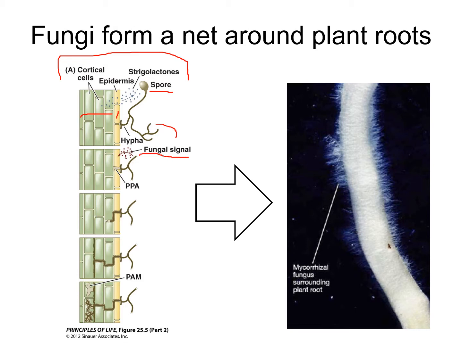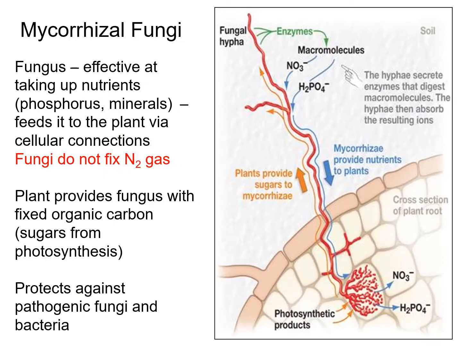This can involve a whole lot of chemical signaling, and then you can see the fungus growing in between the root cells and establishing little connections inside the root cells, which have a high surface area for exchange of those nutrients. And then that network is connected all the way out into the rest of the soil to take up nutrients and pass them to the plant.